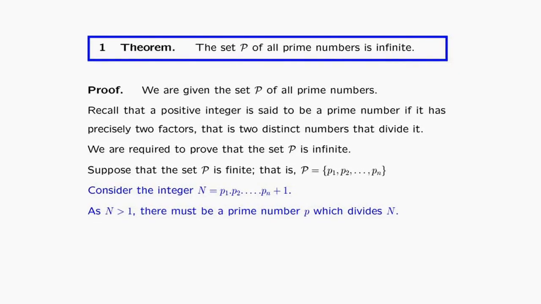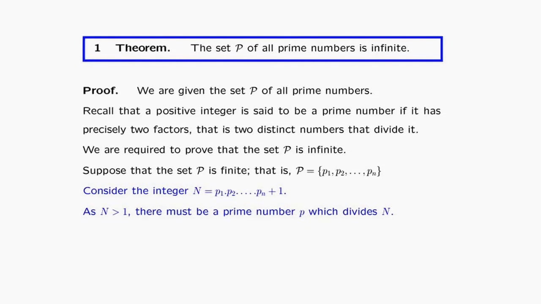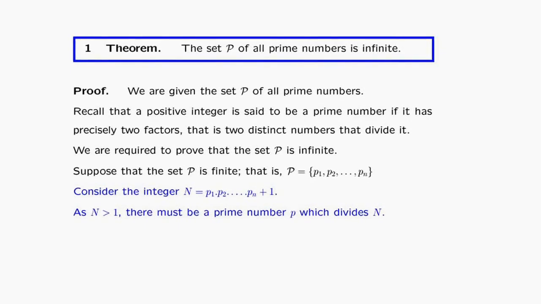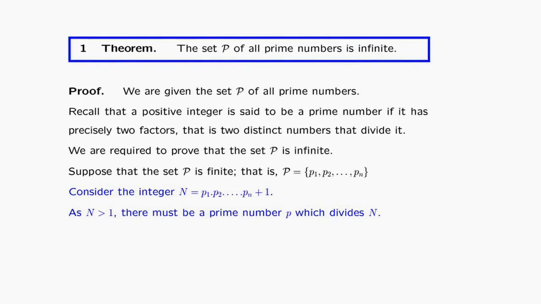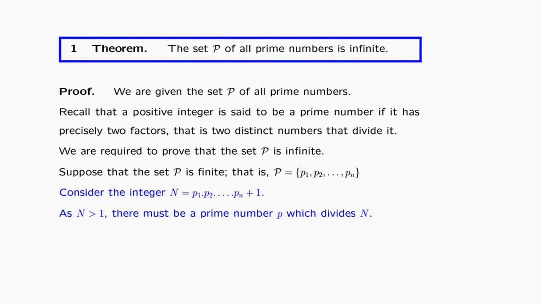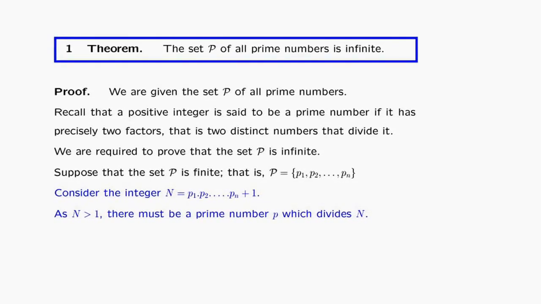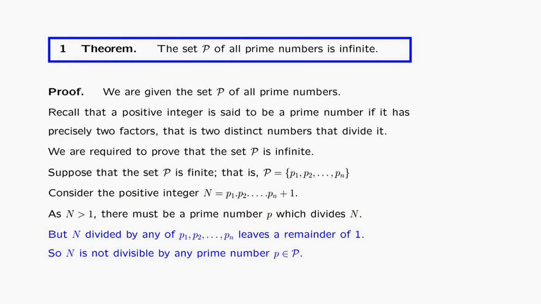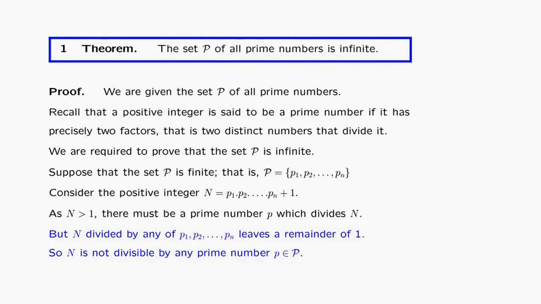Every integer greater than 1 is divisible by some prime number P. So the number n must be divisible by some prime number P. But n divided by any of the prime numbers P1, P2, P3 up to Pn clearly leaves a remainder of 1.